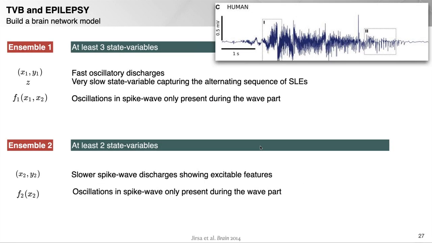Okay. The fast discharges necessitate a first population with at least two state variables, x1, y1, due to their oscillatory nature.